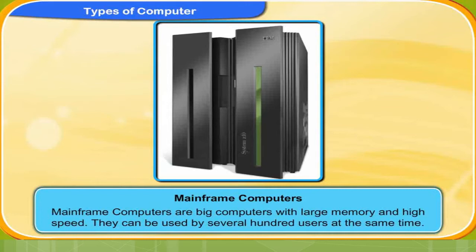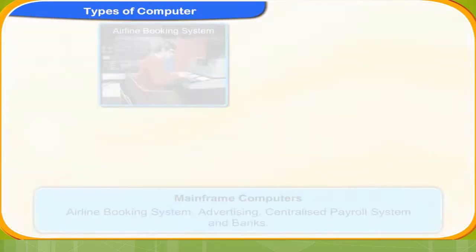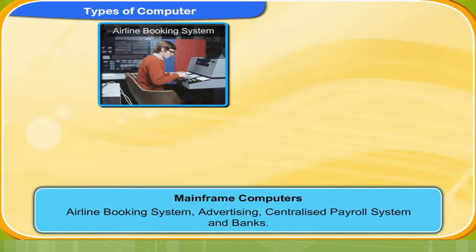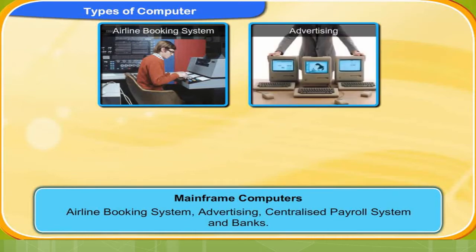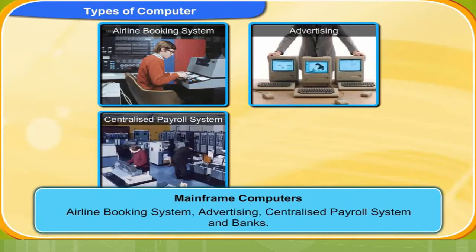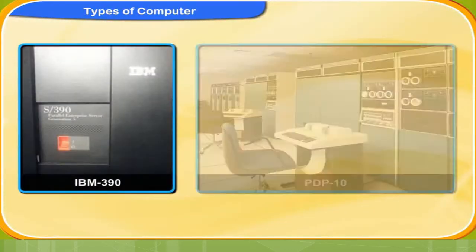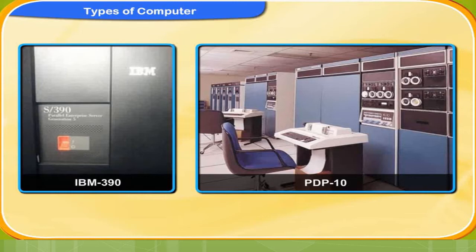They can be used by several hundred users at the same time. Mainframe computers are mostly used by big organizations like airline booking systems, advertising, centralized payroll systems, and banks. IBM 390 and PDP-10 are examples of mainframe computers.